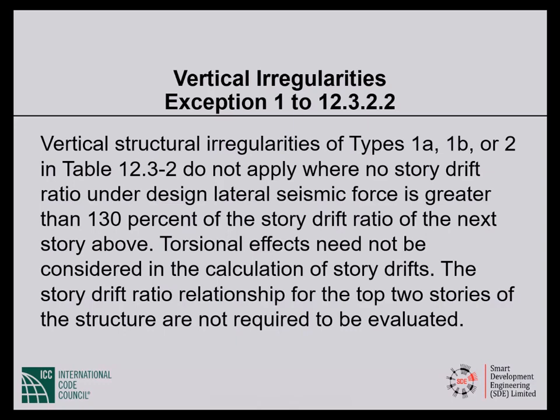Torsional effects need not be considered in the calculation of story drifts. The story drift ratio relationship for the top two stories of the structure is not required to be evaluated.